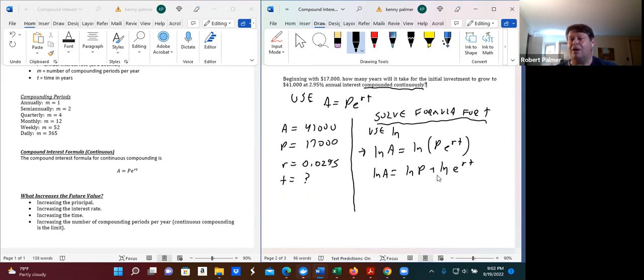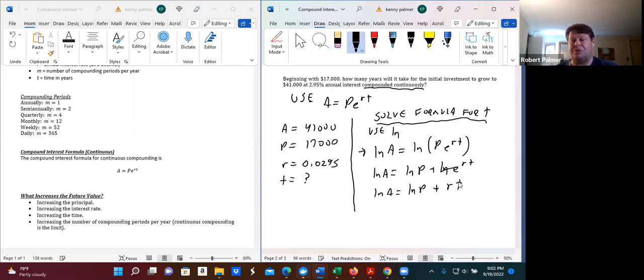Now, natural log and e are inverses of each other, so those cancel out. What I'm left with then is the natural log of A is equal to the natural log of P plus R times T. Sorry, that's a plus, not an equal there.